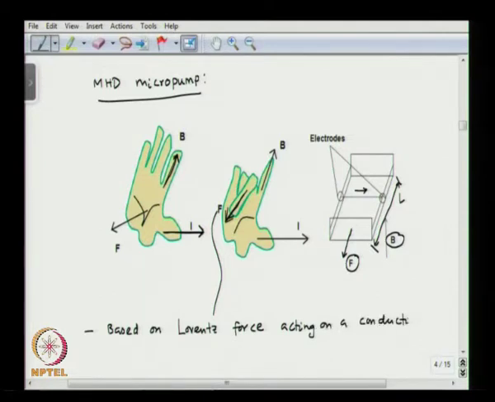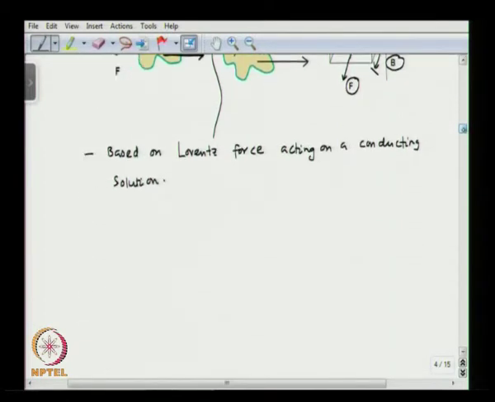So you need a conducting solution because you need to pass current through it. So the force F is going to be current cross magnetic field, so the force is going to be in the third direction.